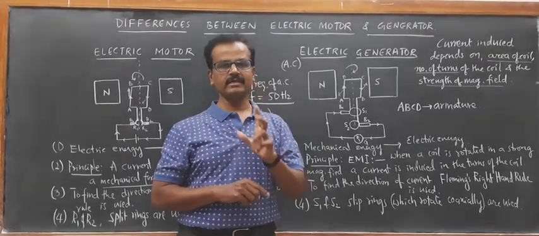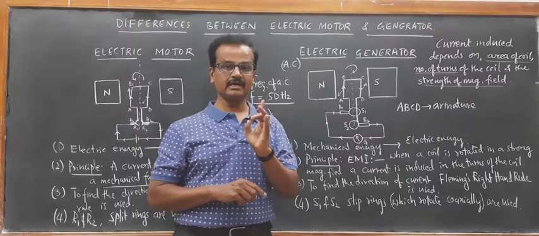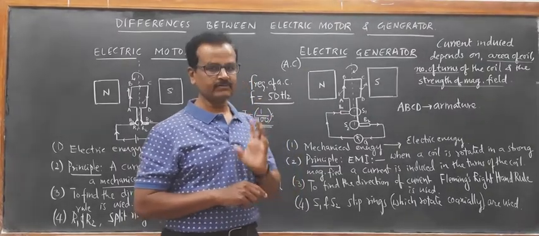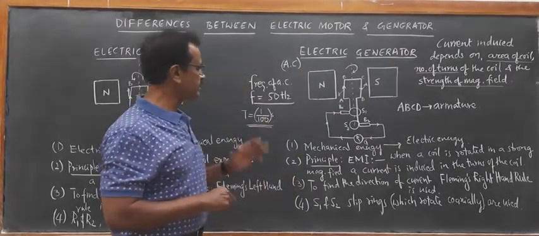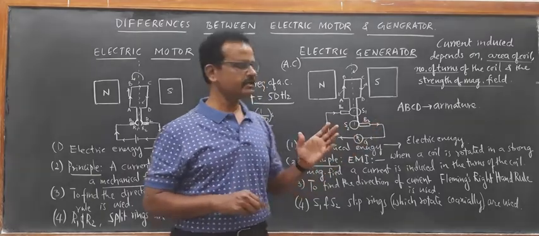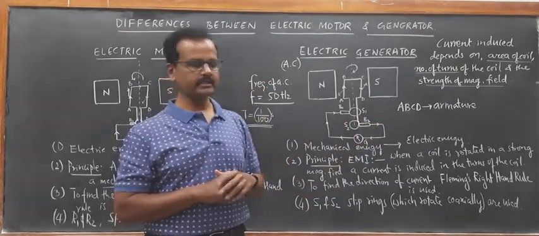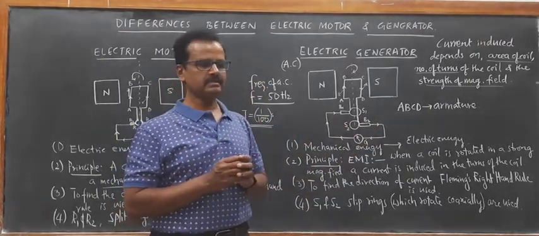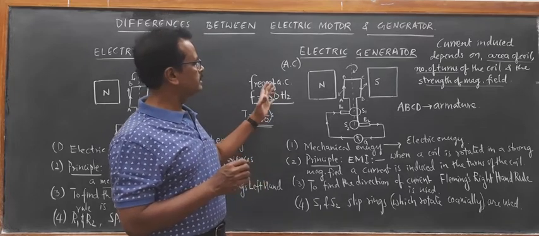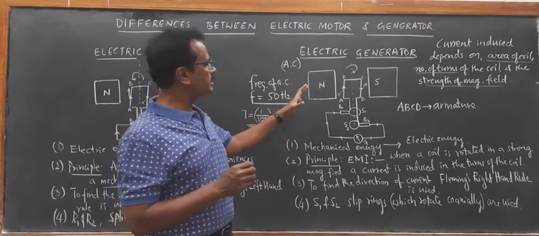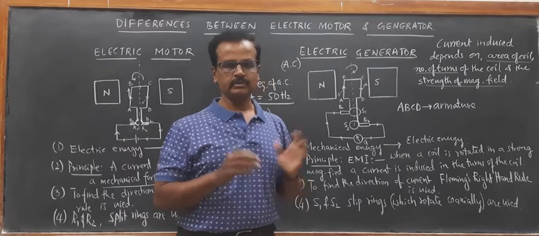So in 1 second, the current changes 100 times. Therefore, the frequency of alternating current in our country, India, is 50 Hertz. These are the important things about alternating current. So I think you got the point.